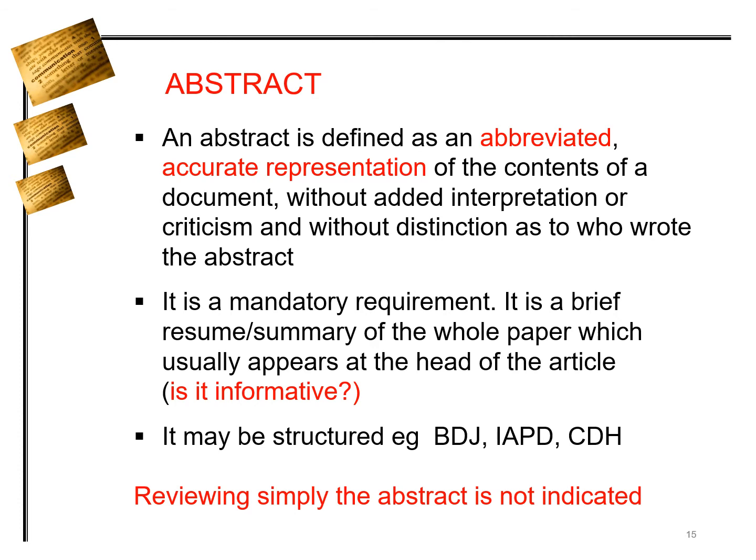For example, some journals like the British Dental Journal and Community Dental Health all require a structured abstract. When reading a paper, simply reviewing the abstract is not indicated. You need to review the whole paper before we can put a hierarchy to the paper, whether it is of good quality or not.